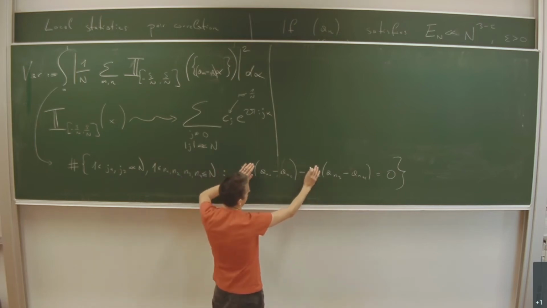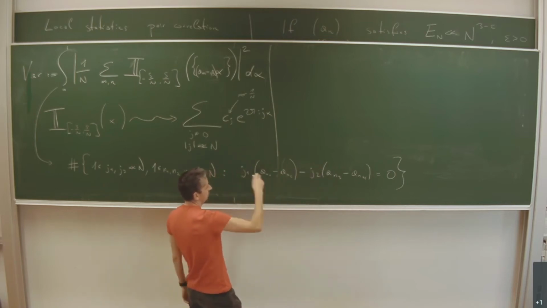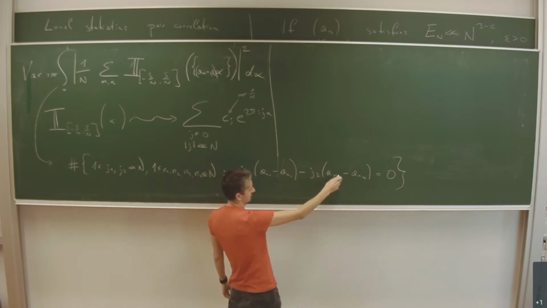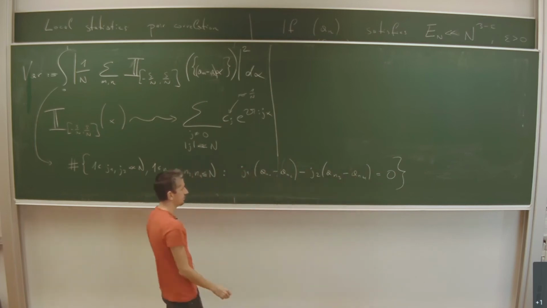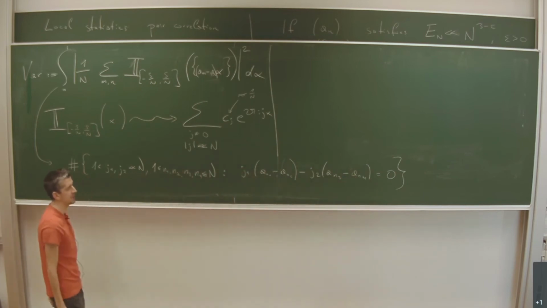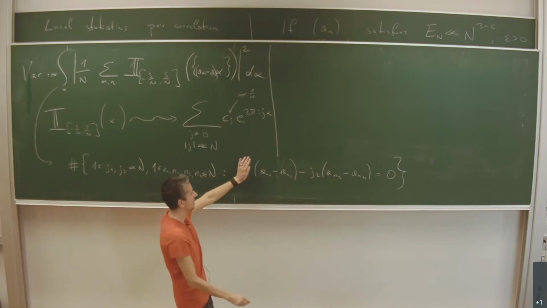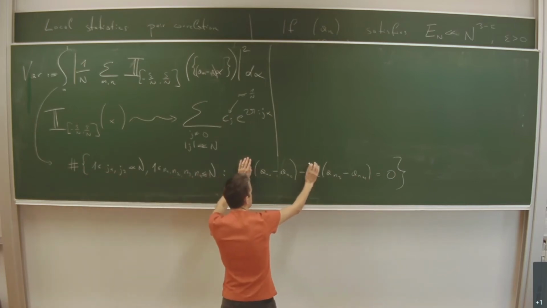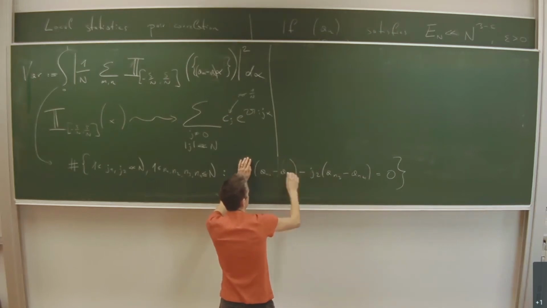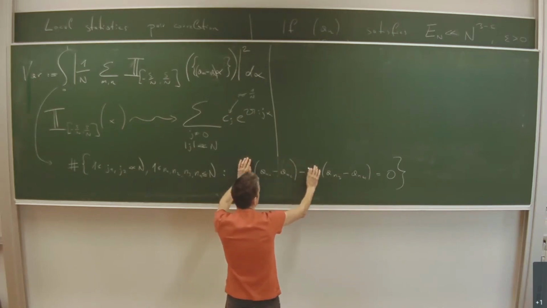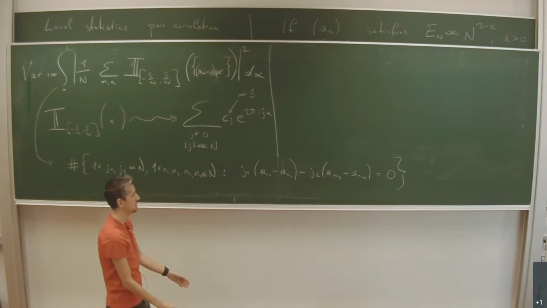So this would essentially disappear, and we are left with the question whether this minus this here is 0, and this would be more or less the additive energy. So if I wouldn't have these two coefficients here extra, I could bring that to the right-hand side, and I would count representations as differences of elements of the sequence, and that's exactly the additive energy.